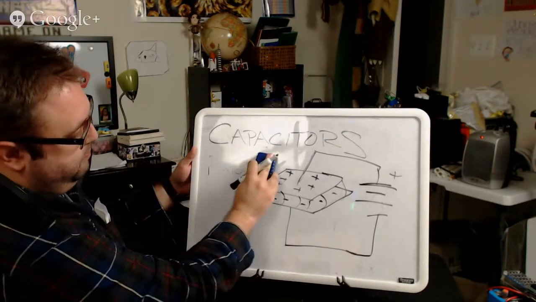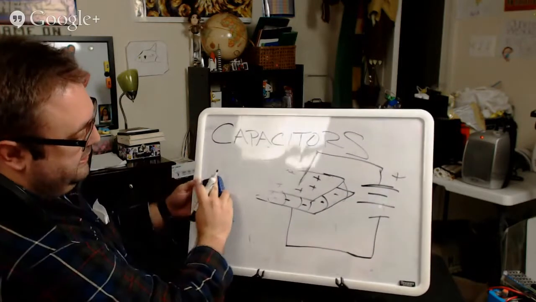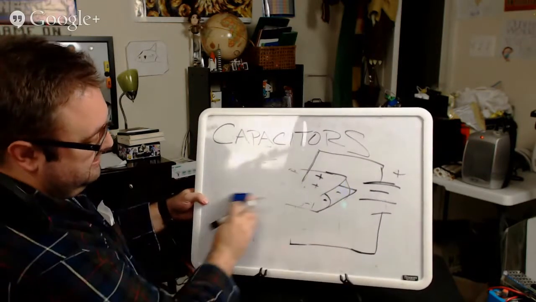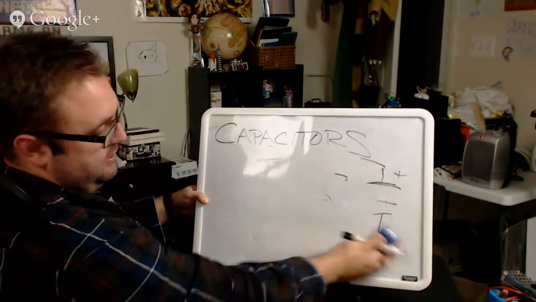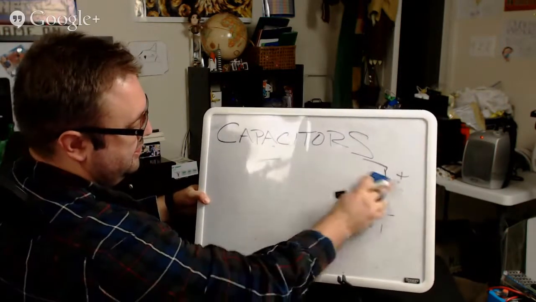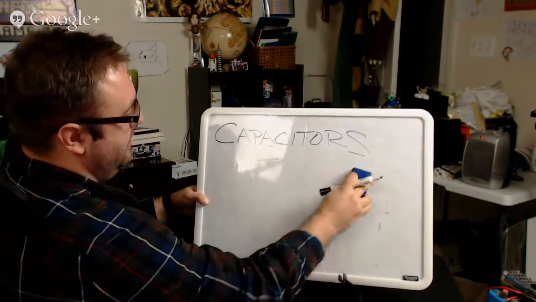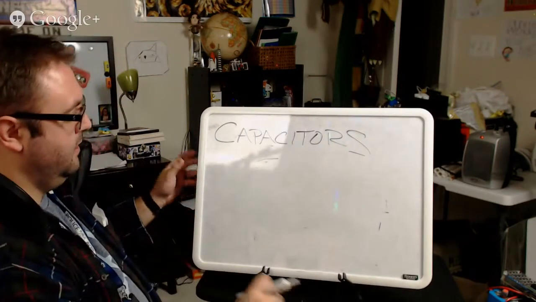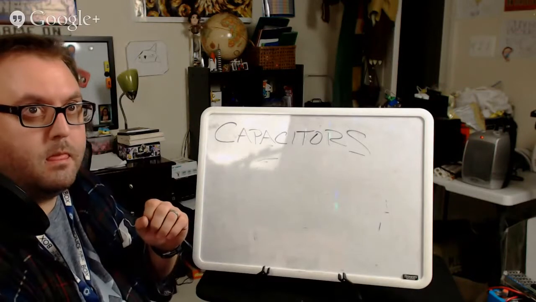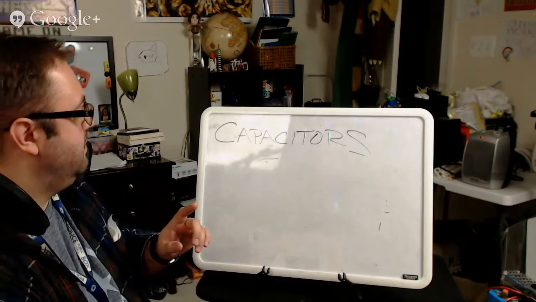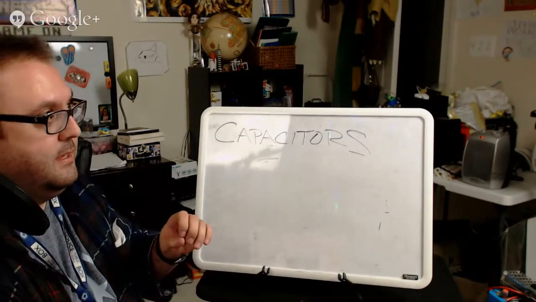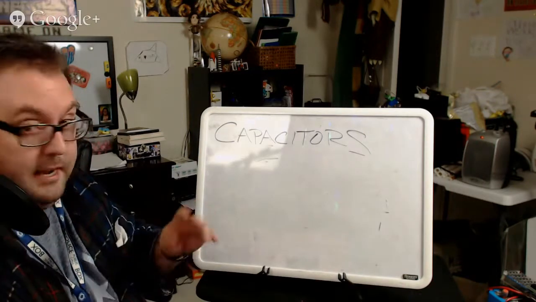So that's great. What use is that capacitance for us as small voltage, low voltage kind of folks? Before I answer that question, let me point out that there is no such thing as an ideal capacitor.